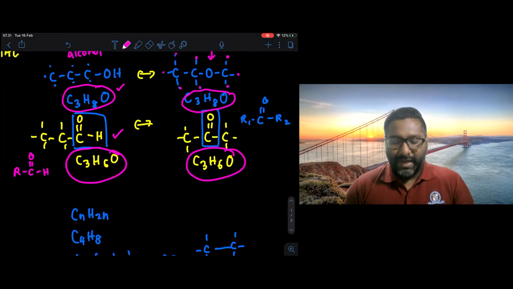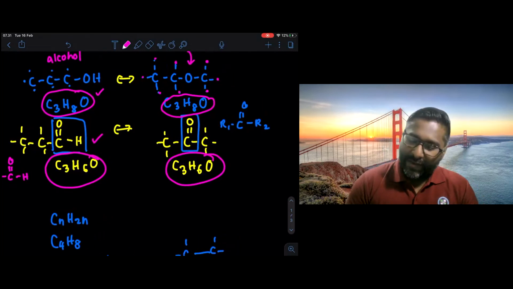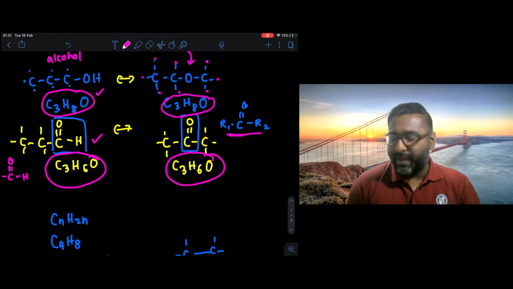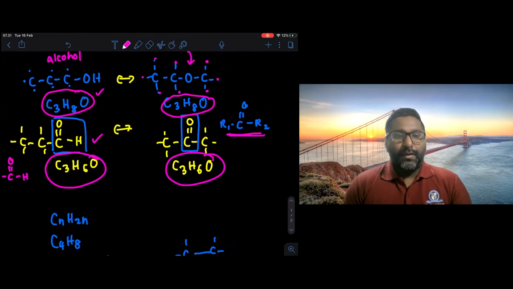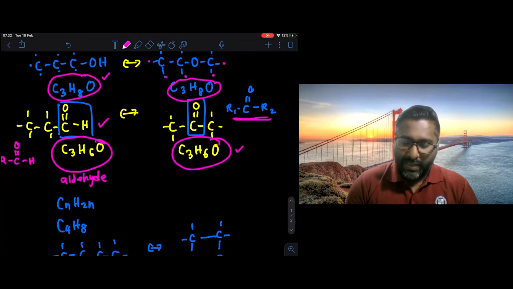But instead of drawing an aldehyde, I can also draw a ketone with three carbon. Now when I draw the ketone and compare, they have the same molecular formula but different functional groups. So this is going to be aldehyde, and this is going to be ketone.